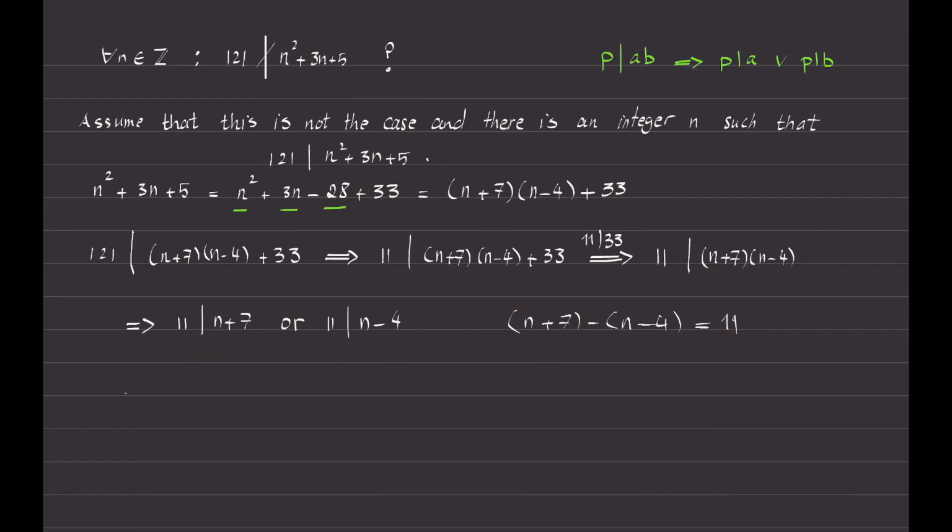So based on this line of arguments, I can say that 11 divides n plus 7 and 11 divides n minus 4. In that case, 11 times 11 divides (n plus 7)(n minus 4). So this means that 121 divides (n plus 7)(n minus 4).